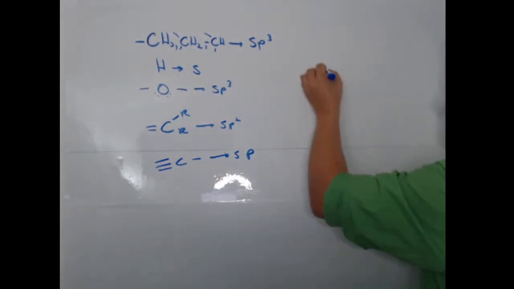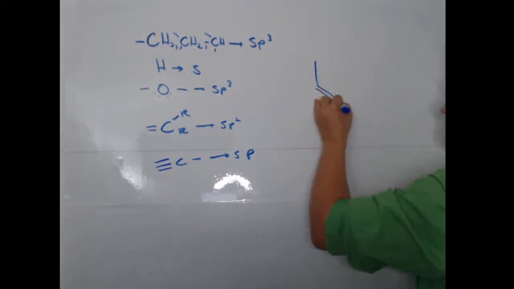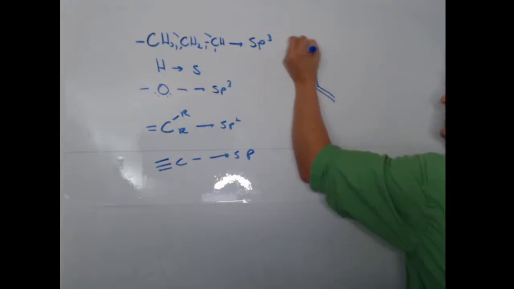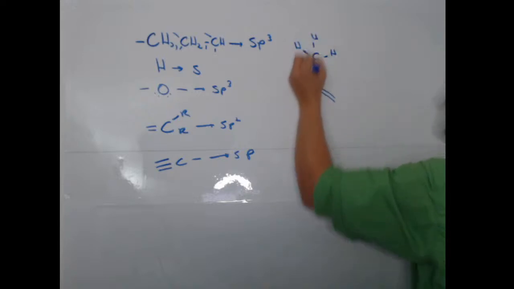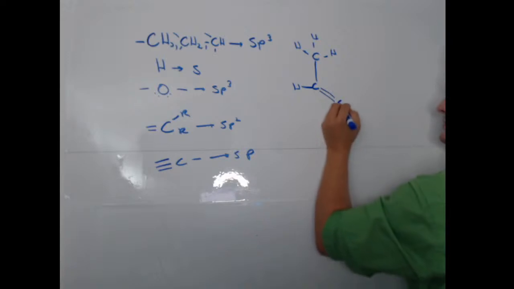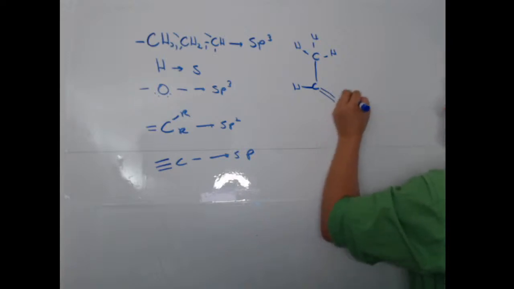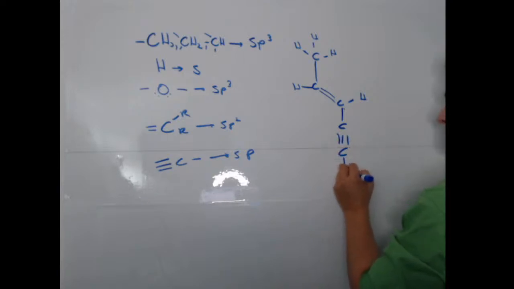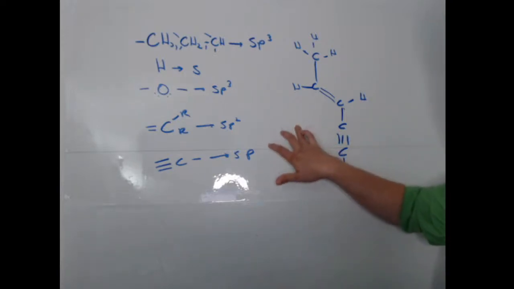So let's say we have the following molecule, and I have to draw the hydrogens for this example. We just look at the functional group.